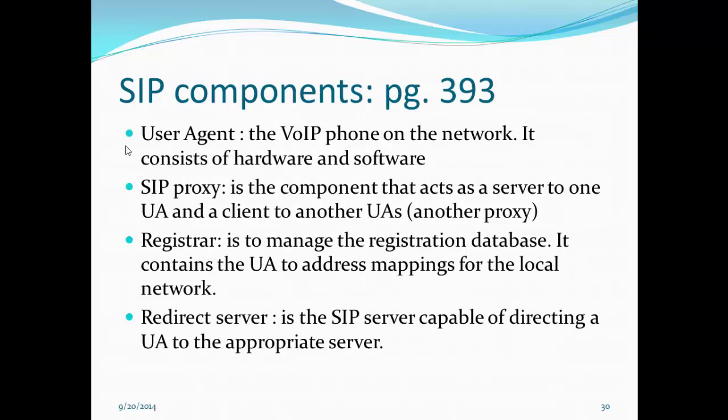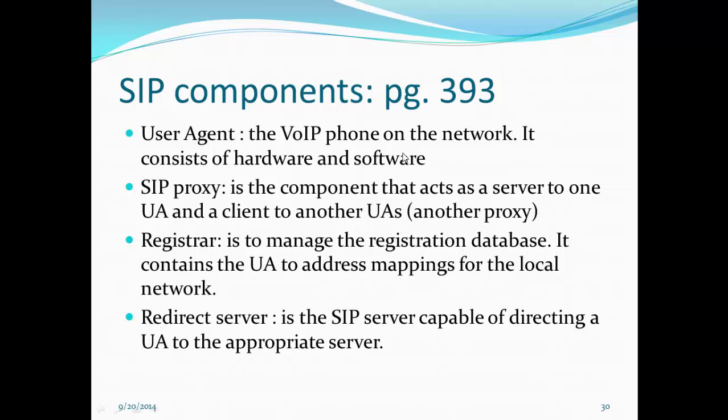All right, SIP components. This is in reference to page 393. I would advise students to read the textbook on pages 393 and 394. Let me go over some of these concepts here. What is a user agent? It is the VoIP phone on the network. It can consist of hardware and software. For example, the Cisco IP Phone 7940 series is an example of a SIP phone.